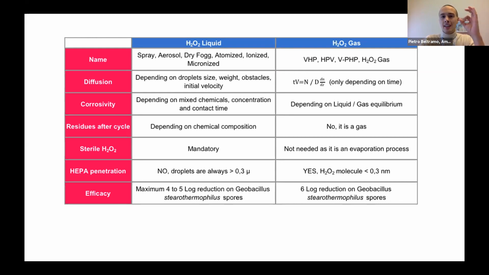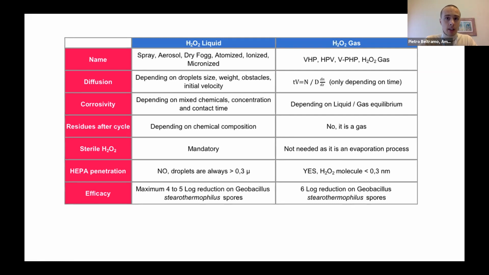Therefore, the droplets generated from an aerosol cannot penetrate the filter, because the filter will stop everything more than 0.3. While when you have a gas, then yes, the molecule is really small. So you don't have a droplet size, you have a molecule, it's a gas. So it will penetrate the filter straightforward as far as you have a stream of air.